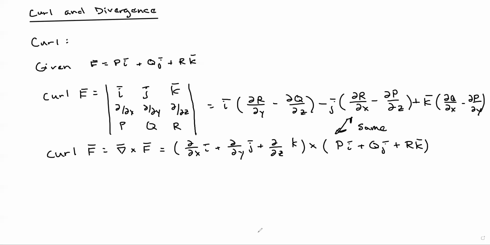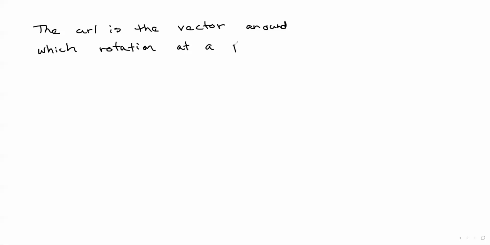Okay, so that is the curl. What is this result that you end up getting? The curl is the vector around which rotation at a point happens in the vector field.